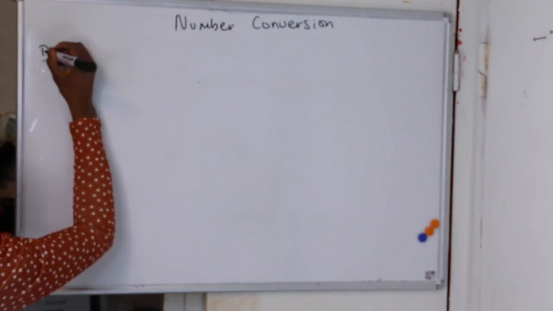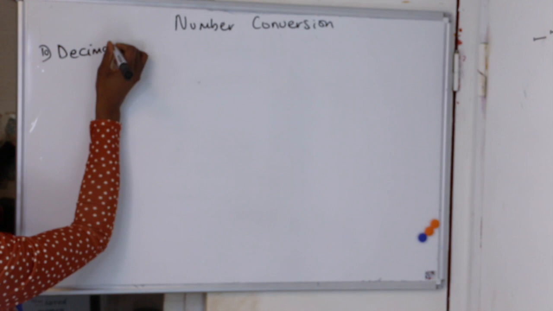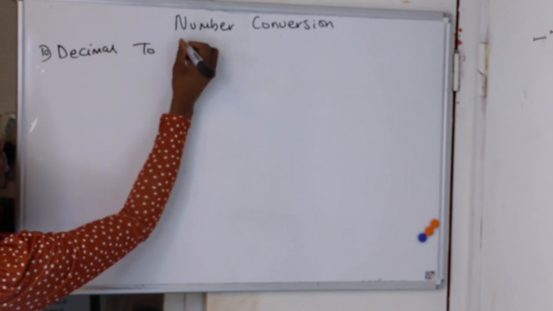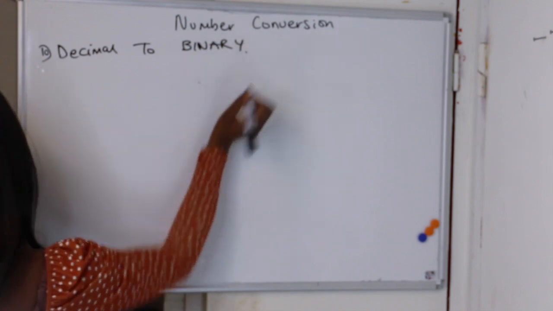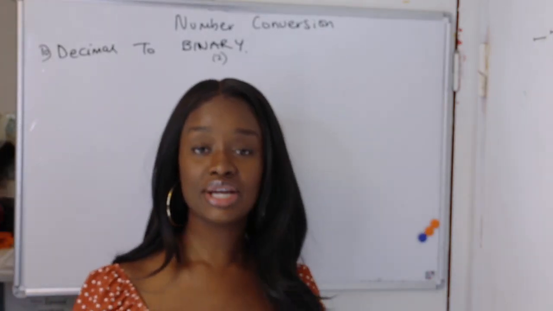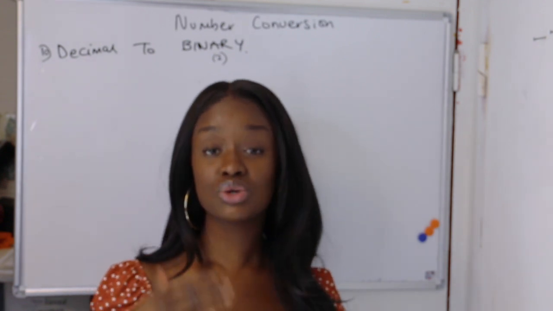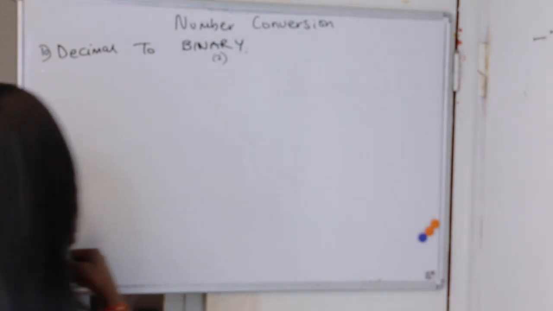So if you remember, decimals are base 10, to binary. With decimal to binary, you have to divide the numbers by 2 continually and then keep an eye on the remainder. Okay?